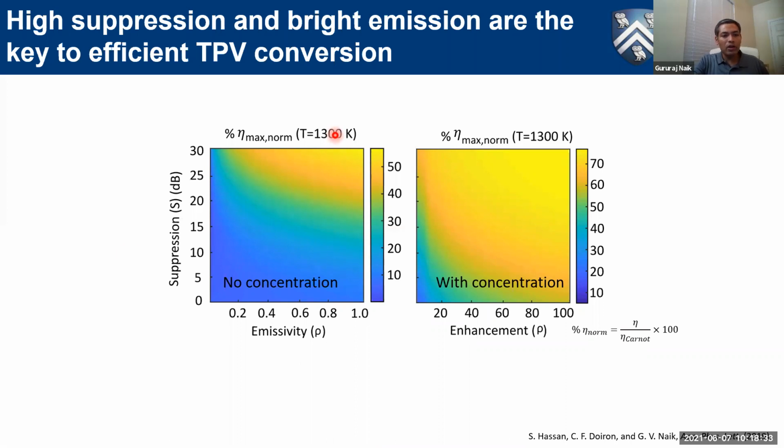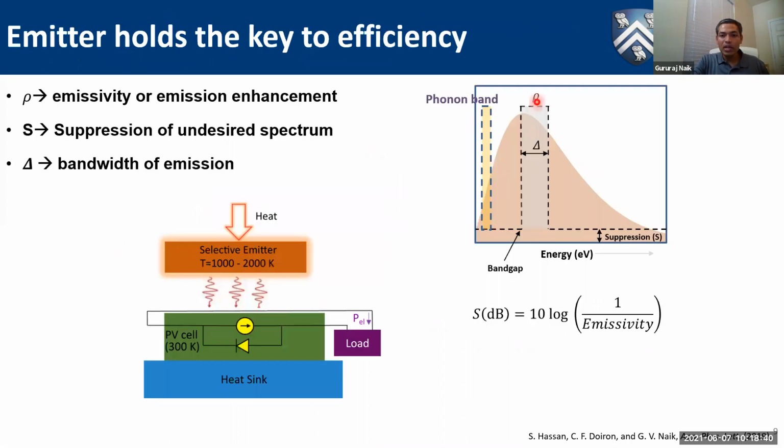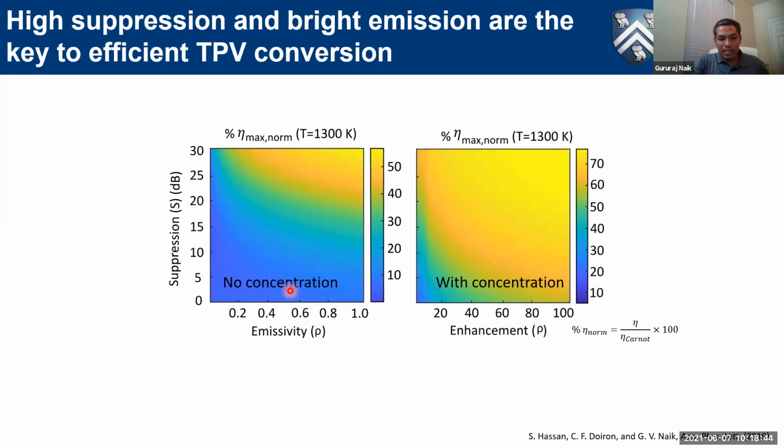What we found was that as we increase the emissivity, that is this rho in the desired spectrum, see, look at this, this is rho, and this is S, which is suppression. As we increase emissivity, our efficiencies go up, but they really don't go up so much. It's not that strong of an increase in efficiency, while suppression, which is this vertical axis, makes a huge difference in terms of efficiency.